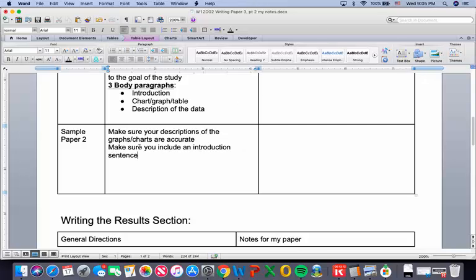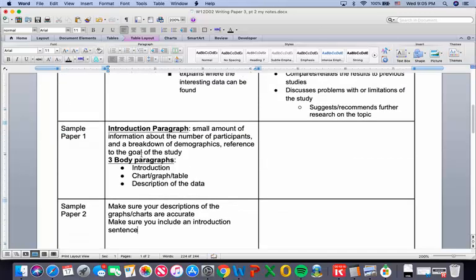So right here, I'm just putting these lessons because I think that we got to see a pretty good example of a results section from paper number 2. So given that, I'm going to leave these instructions as what to use for how to write the results section.